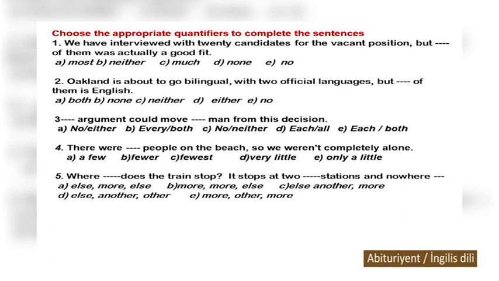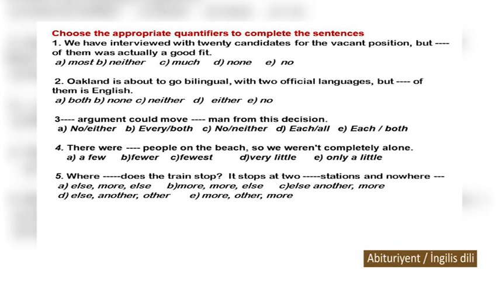We have interviewed 20 candidates for the vacant position, but gap of them was actually a good fit. If it is but, it means that the first part of this sentence is in contrast with the second part, and we have to choose the opposite meaning.